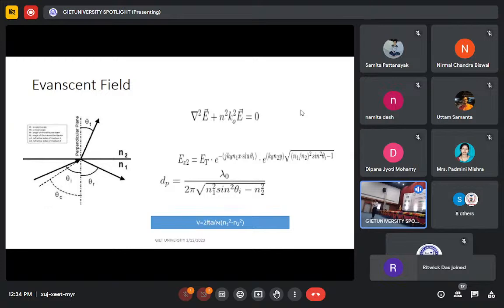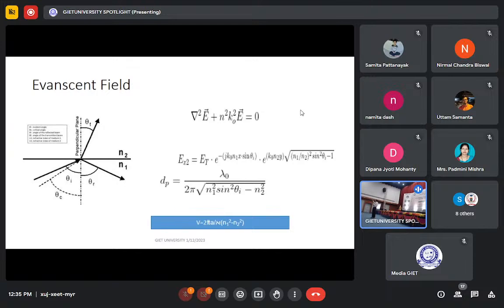And whether this fiber is single mode or multi-mode is decided by N1, N2 and the core radius. In fact, the number of modes which will propagate in this fiber is decided by a number called the V number, which depends on the radius of the core, the wavelength of the source, and the refractive indices of the core and cladding. The number of modes is proportional to V, and V is proportional to a.